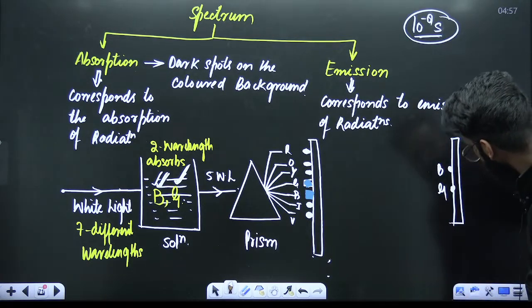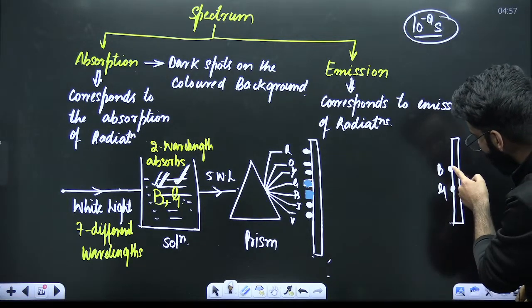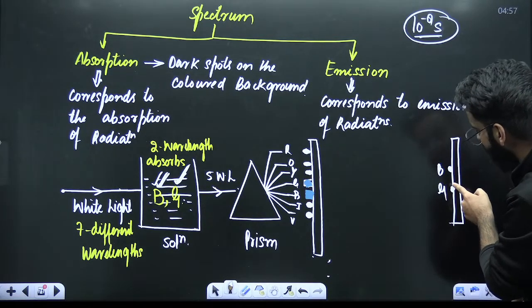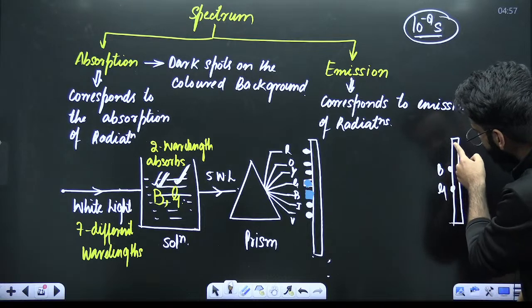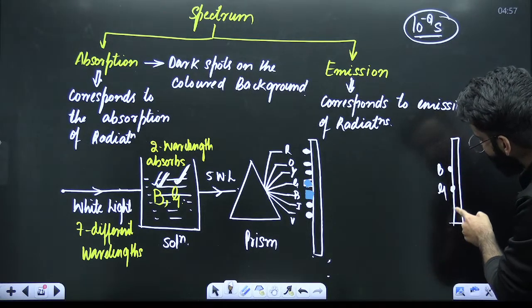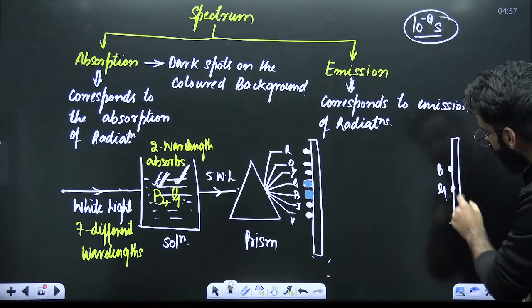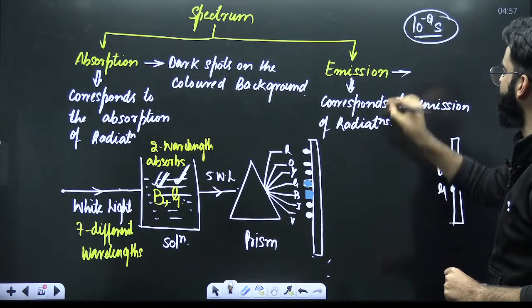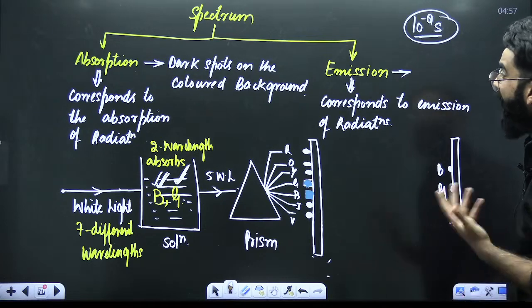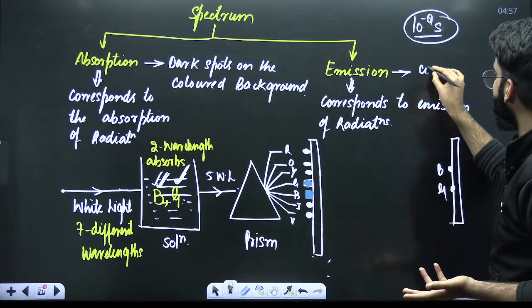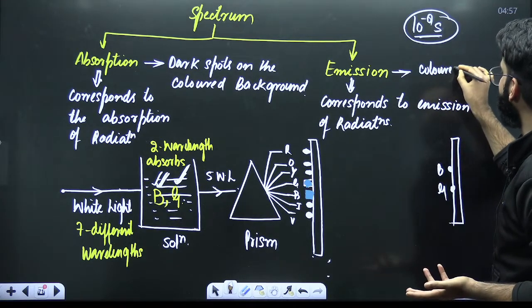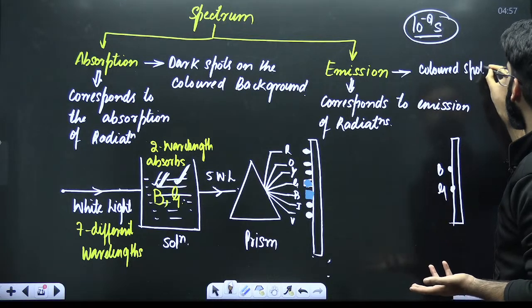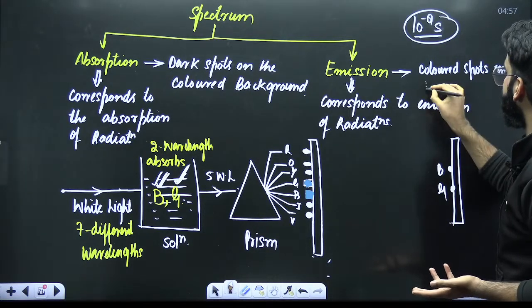So over here, this is a blue colored spot and this is a green colored spot, for example. Can I say on the dark background we are seeing colored lines? I can say in the emission spectrum, we get colored lines, or colored spots, on the dark background.